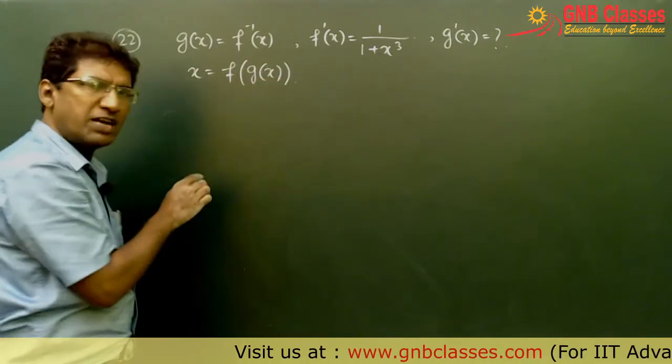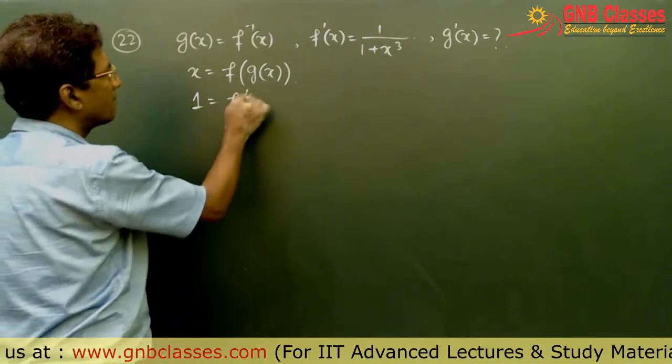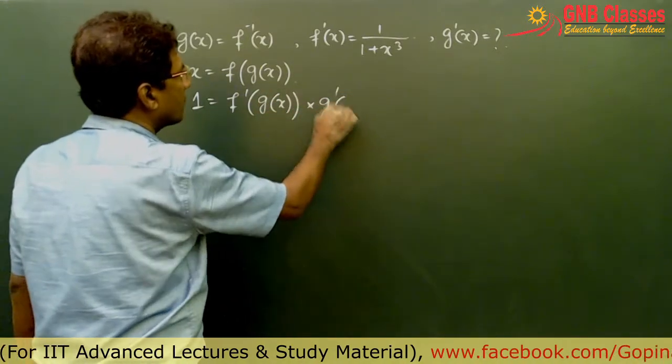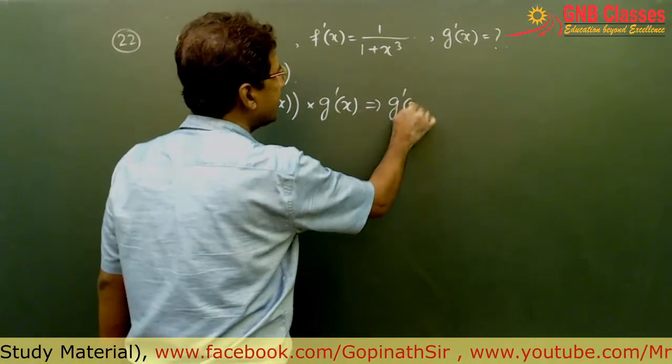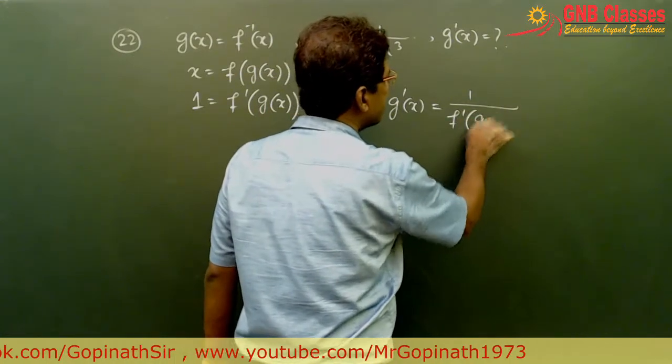Now let me differentiate both sides with respect to x. Therefore our g dash x is nothing but 1 by f dash gx.